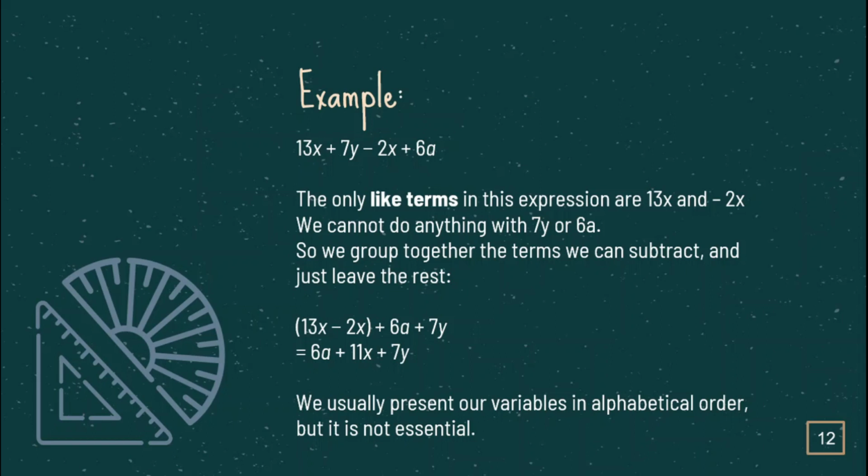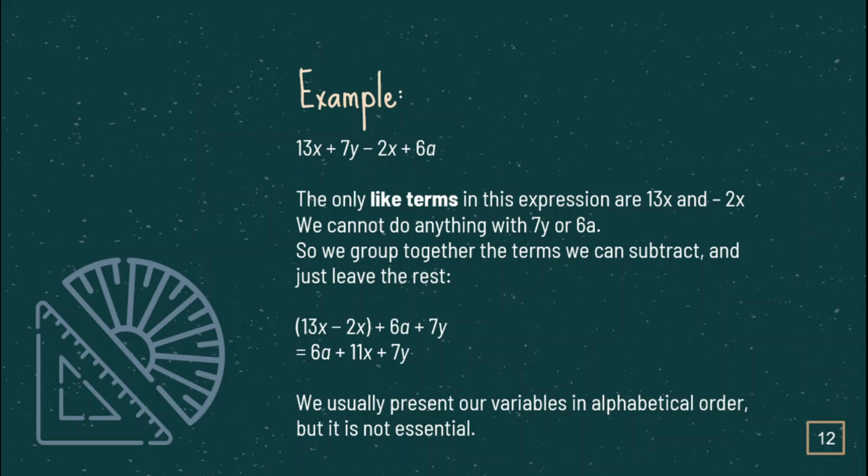So we group together the terms we can subtract and just leave the rest. 13x minus 2x plus 6a plus 7y equals 6a plus 11x plus 7y. We usually present our variables in alphabetical order, but it's not essential.